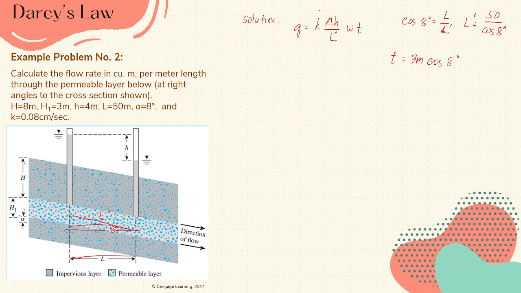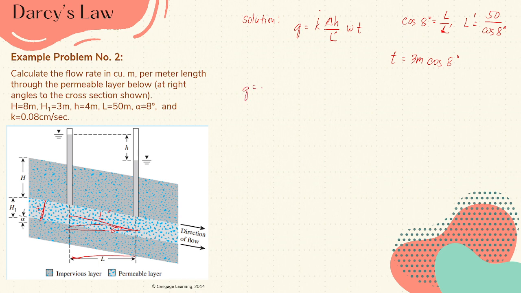So this is our thickness T, which is perpendicular to the direction of flow. So we can now substitute.